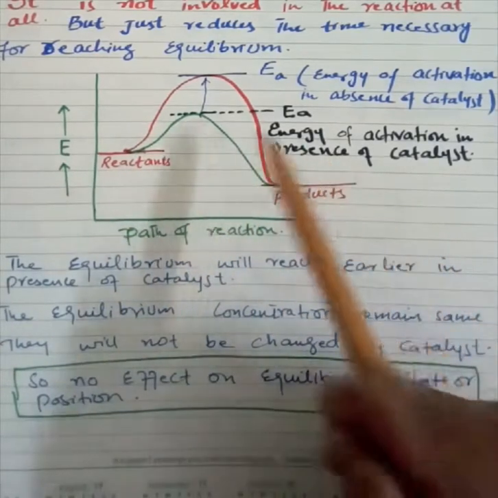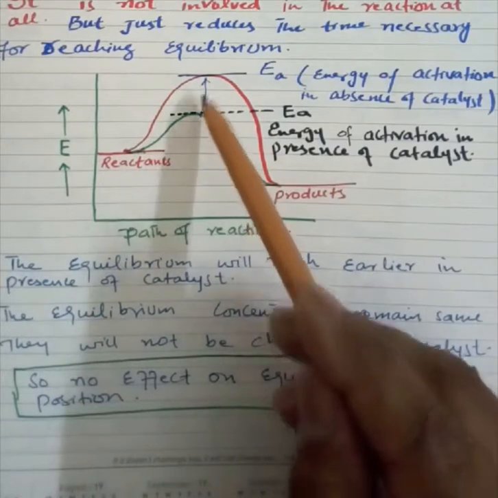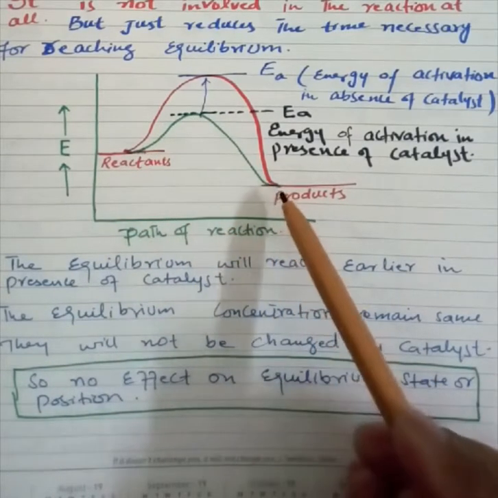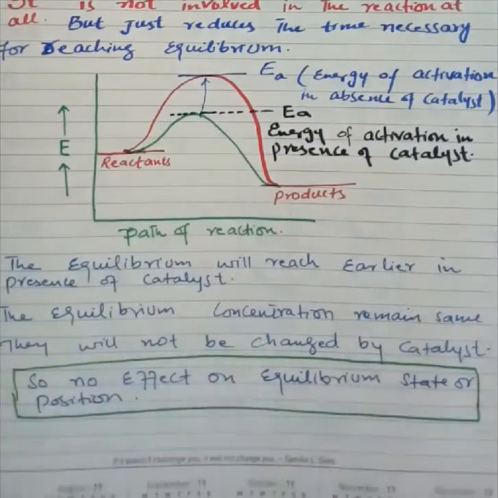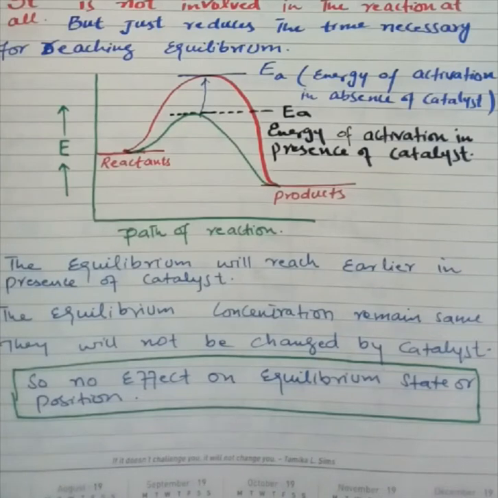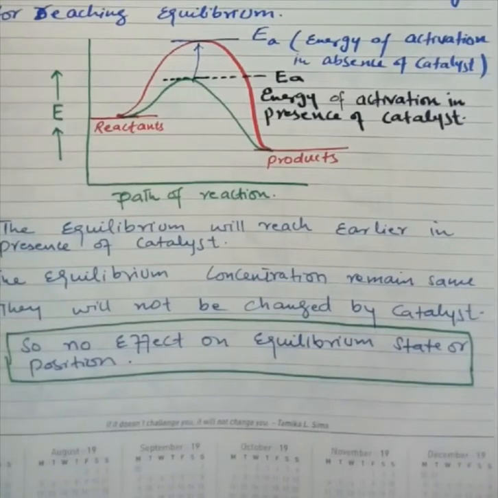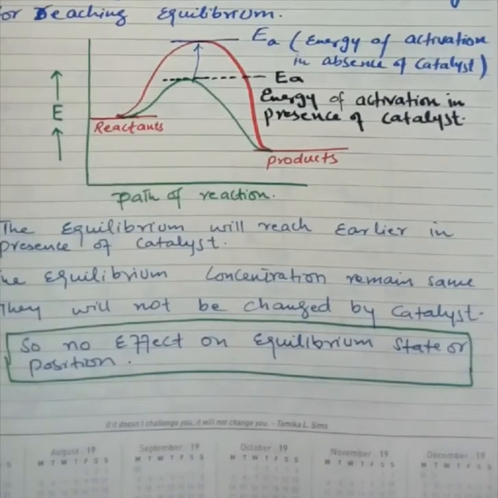Now there is a big difference between the two. The reactants will move to this place and be converted into products easily. So the catalyst has just decreased the time in which the reaction reaches completion, or reaches the equilibrium state, in case of equilibrium. Now the equilibrium will be reached earlier in the presence of a catalyst. The equilibrium concentrations will always remain constant. They will not be changed by the catalyst. So there is no effect of a catalyst on the equilibrium state.